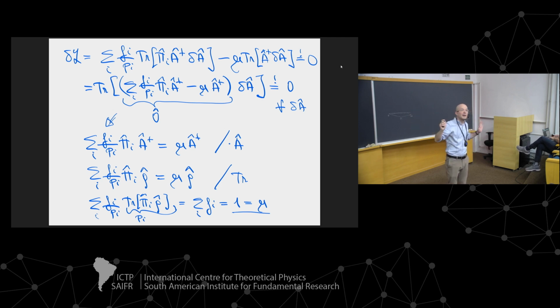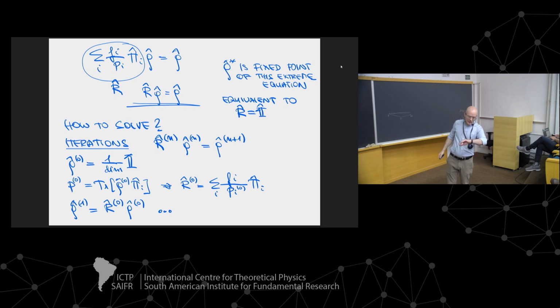So mu is 1. That's all. We have the almost final extreme equation for an estimate for rho, which maximizes the likelihood, the log likelihood functional. This holds only when rho is our solution.